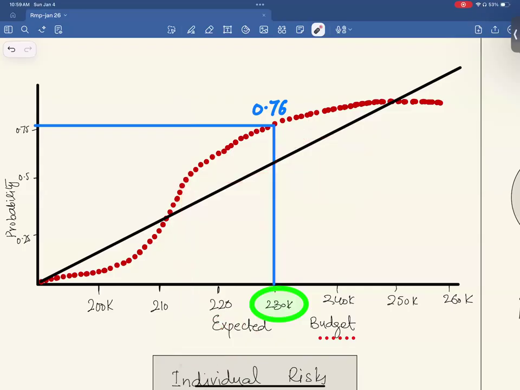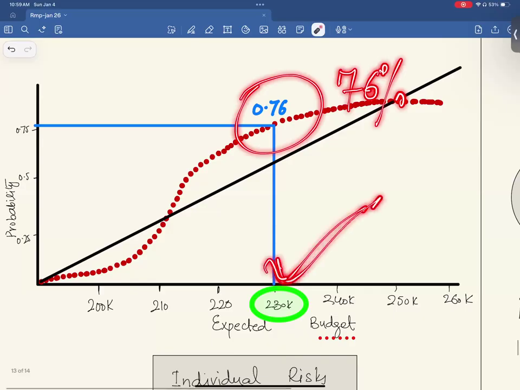right? So in simple words, Monte Carlo simulation tells you what would be your potential project budget or potential project schedule. This graph is showing that there are 76% chances to complete. Yeah, absolutely right. There are 76% chances you will complete your project in 230K.